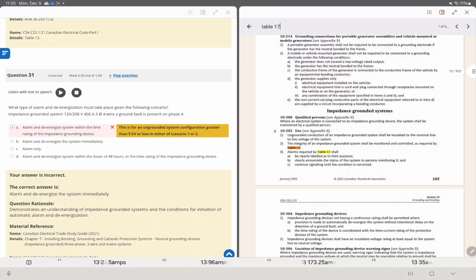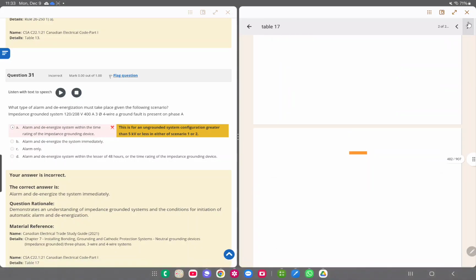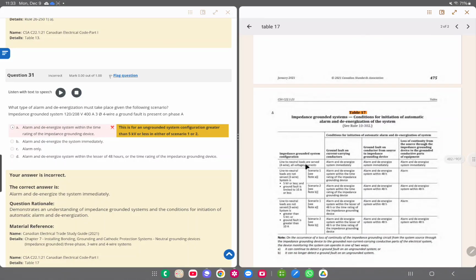Table 17. We got line to neutral loads are served, 4-wire, all voltage currents. Ground fault on current carrying conductors. Ground fault on conductor from source to impedance grounding device. What exactly do they say is happening?